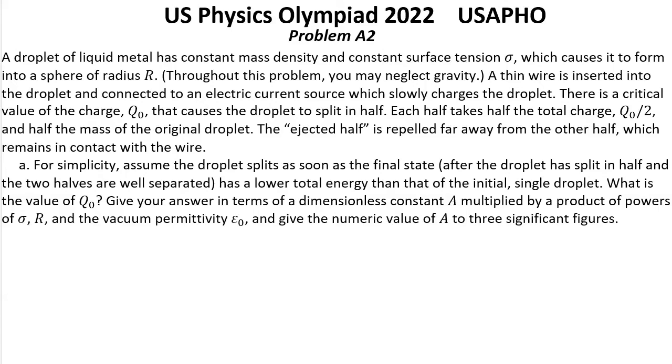Solution. From dimensional analysis we can find that Q0 equals a constant A multiplied by the square root of epsilon 0 sigma r cubed.